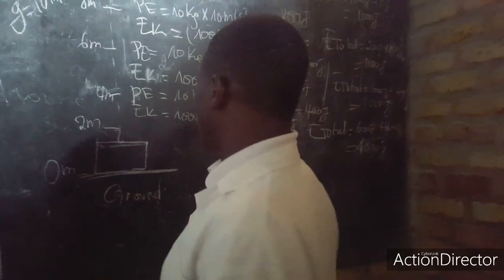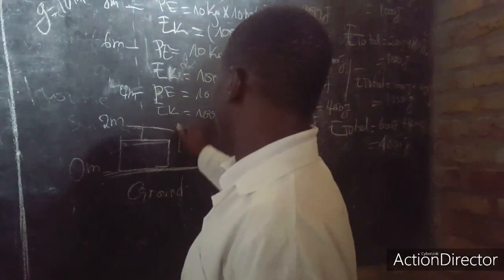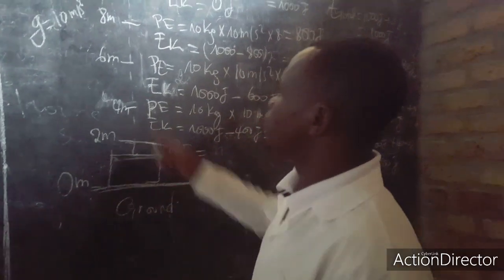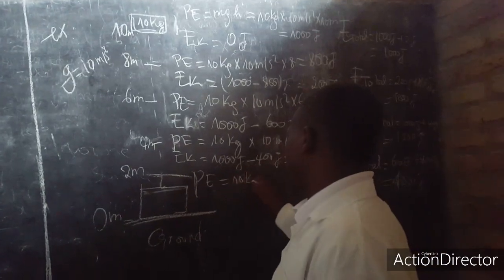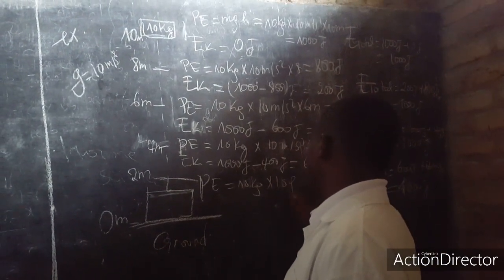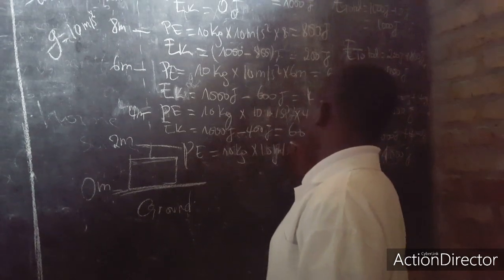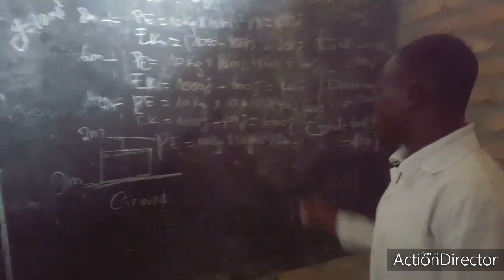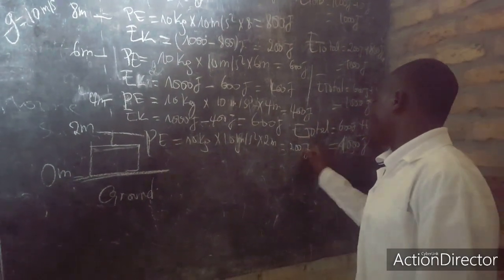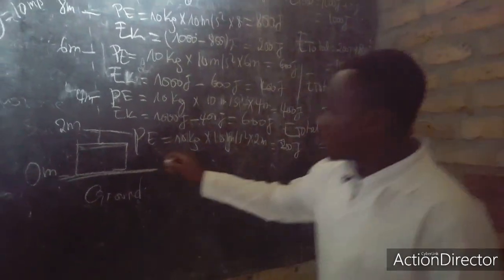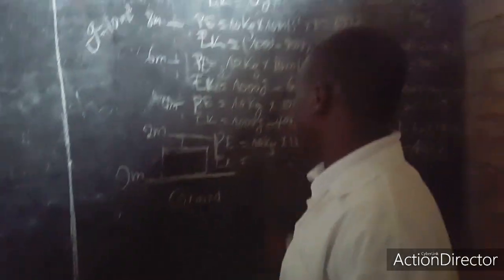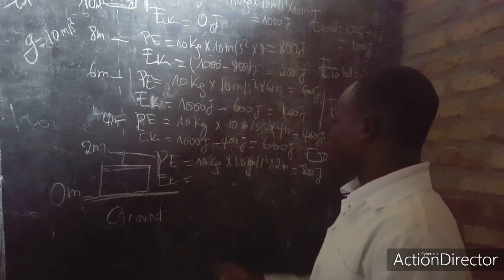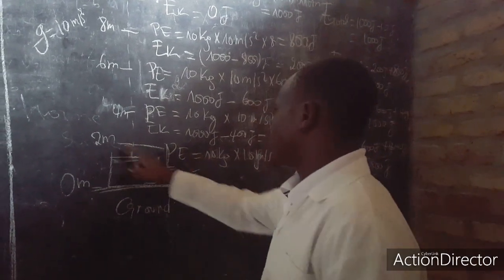So here at 2 meters, potential energy will be given by also mgh, which is mass, 10 kilograms, times g, which is 10 meters per second square, times 2 meters. Then we have 200 joule. Also kinetic energy at 2 meters will be given by our total energy minus the potential energy we have at 2 meters.